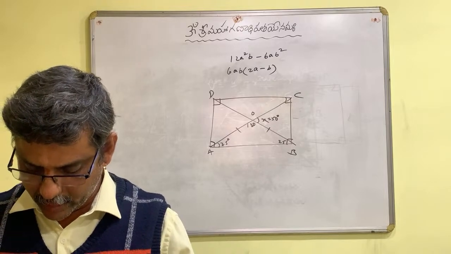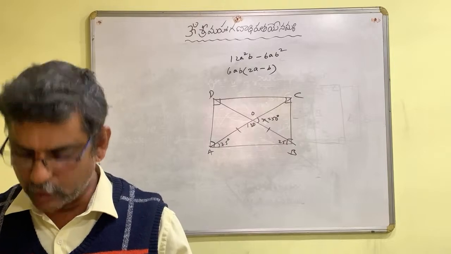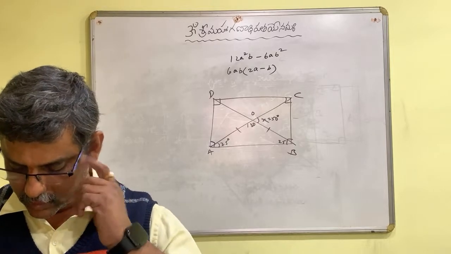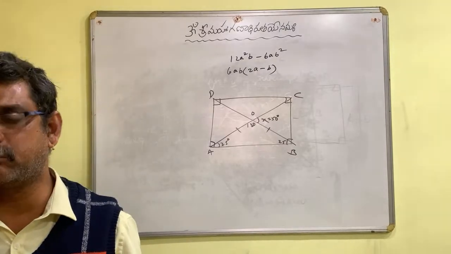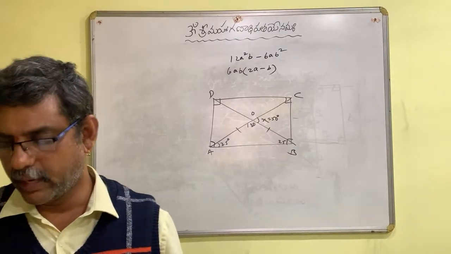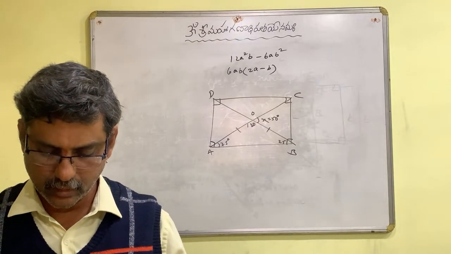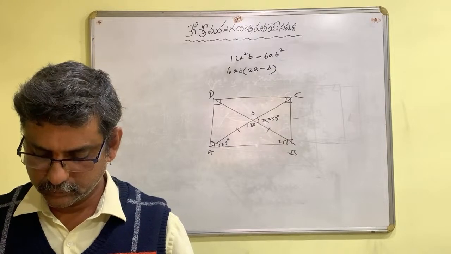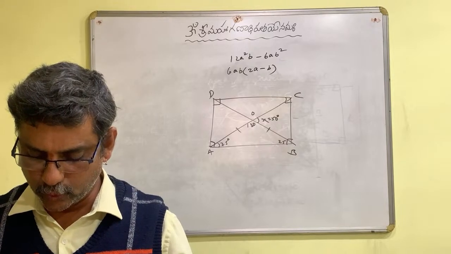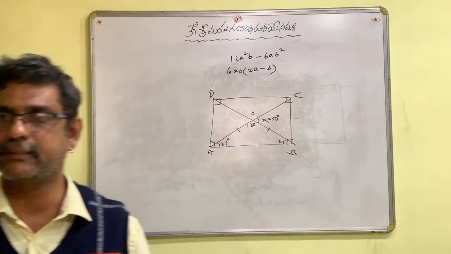Reason: AB is equal to PQ, PQ is equal to XY, then AB is equal to XY. Both assertion and reason are true, and the reason is the correct explanation of the assertion. Option A is right.